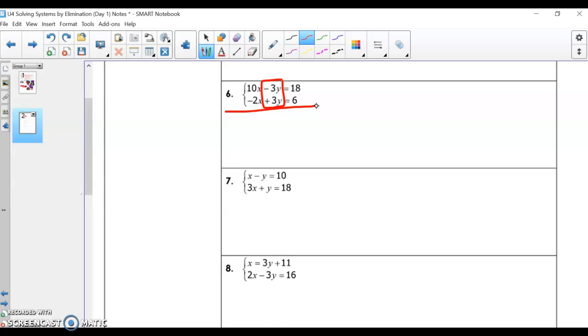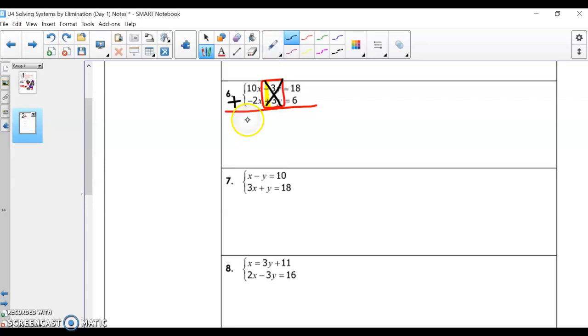On the front, we had to multiply one of them by a negative to make them opposites. These ones are already opposite signs. So if I have -3 and a +3, guess what? These are already able to be eliminated. So we're going to just treat this like a big addition problem.